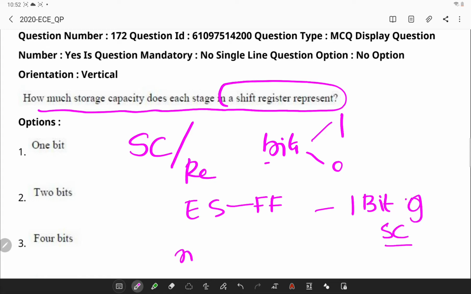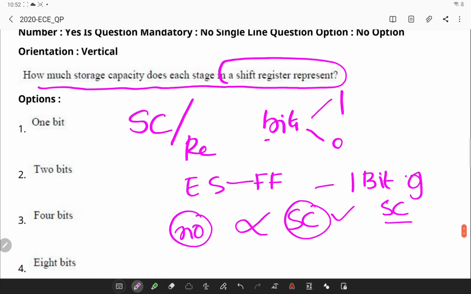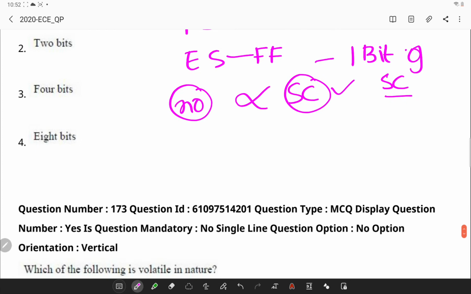Therefore the number of stages in a register determines the storage capacity. So observe the options. The storage capacity of each stage is related to a single bit.